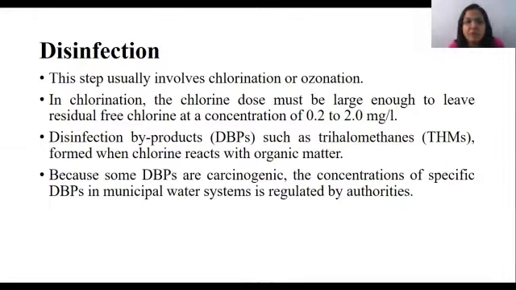Disinfection byproducts are produced during chemical disinfection, such as trihalomethane, when free chlorine reacts with organic matter. Because some disinfection byproducts are carcinogenic, the concentration of specific disinfection byproducts in the municipal water system is regulated by authorities.